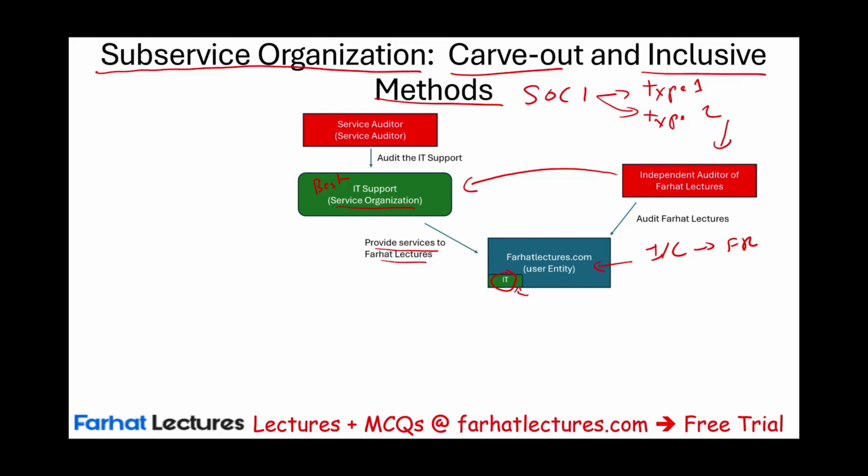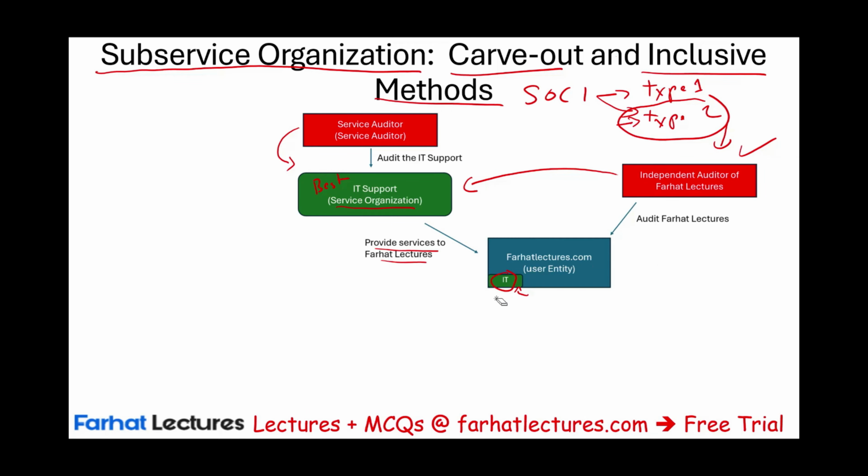It means the auditor of Best IT Services audited their internal control over financial reporting, and they issued a SOC 1 type 2 report, in which they're saying the description, the suitability of the design, and the internal control over financial reporting are operating effectively. If we can get a SOC 1 type 2, my auditor will be happy with that, and they can audit my company and rely on that SOC 1 type 2 report.